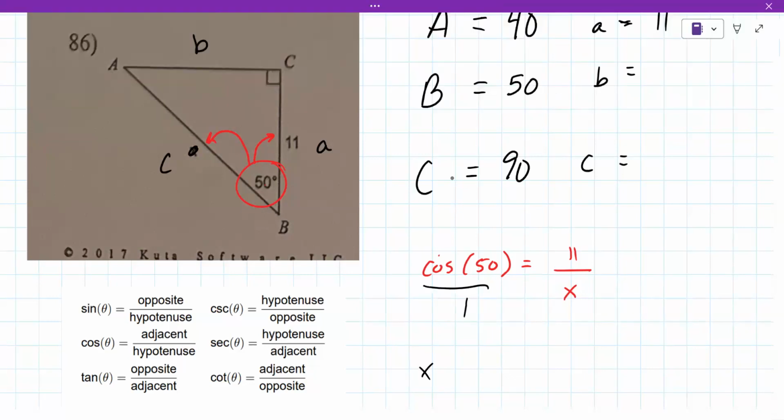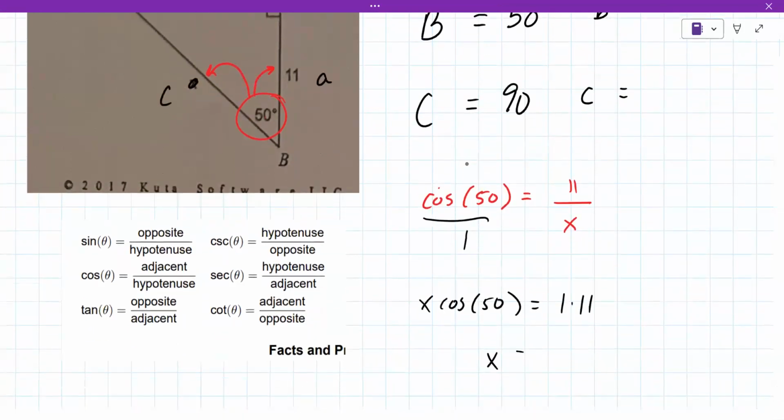So you get X cosine 50 equals 1 times 11. So X is 11 over cosine 50.